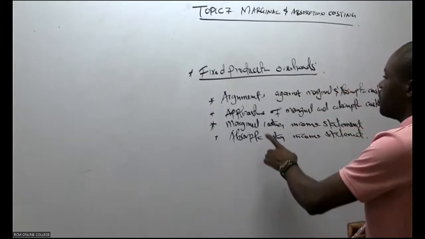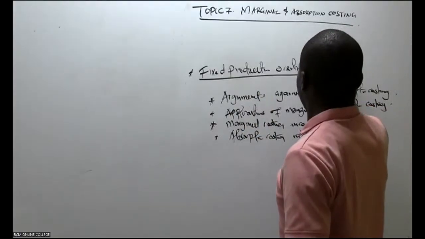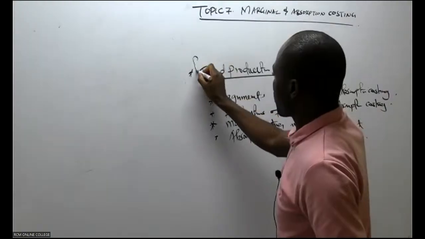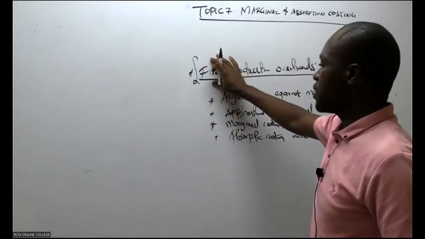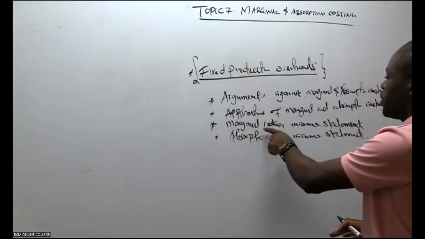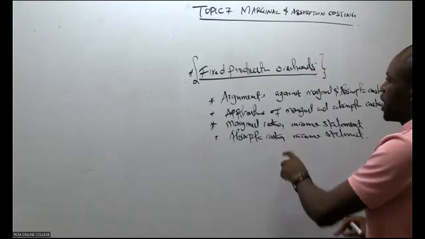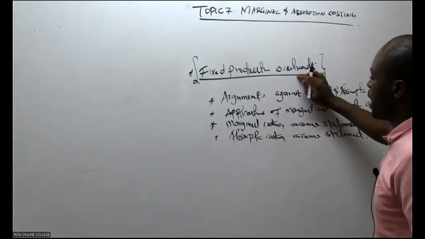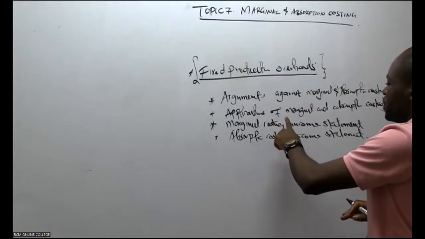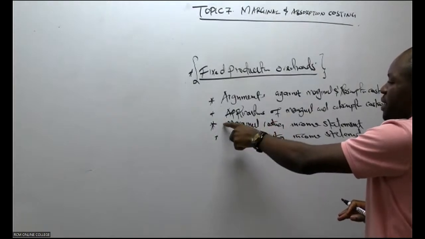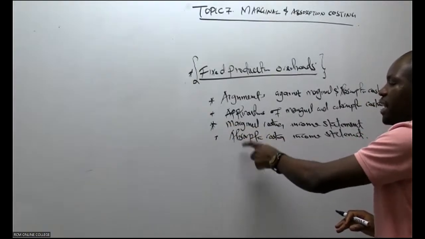And of course, due to the difference in method or the procedure of getting the net profit, this will bring a very huge difference or effect to the net profit of marginal costing and also the net profit of absorption costing. How we are going to deal with this in these two methods will determine the amount of net profit that you're going to get as per marginal costing, and also the net profit you're going to get as per absorption costing.